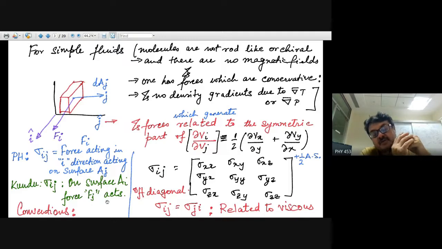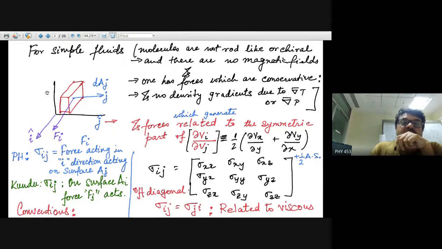Since you will be referring to both books, I highlight that these two books have different conventions to define the stress tensor. But as you shall soon see, sigma ij is equal to sigma ji for most systems, wherever angular momentum is conserved, so we'll talk about it. It won't matter, but anyway, the conventions followed in these two books are different.